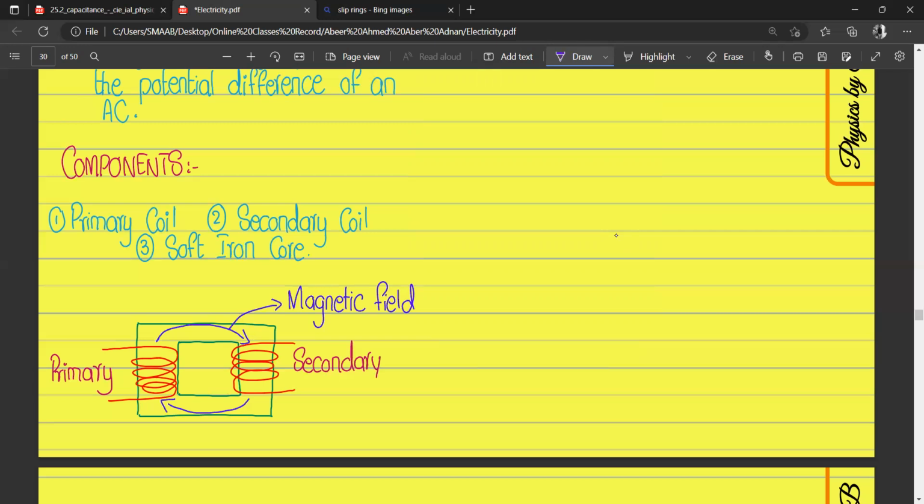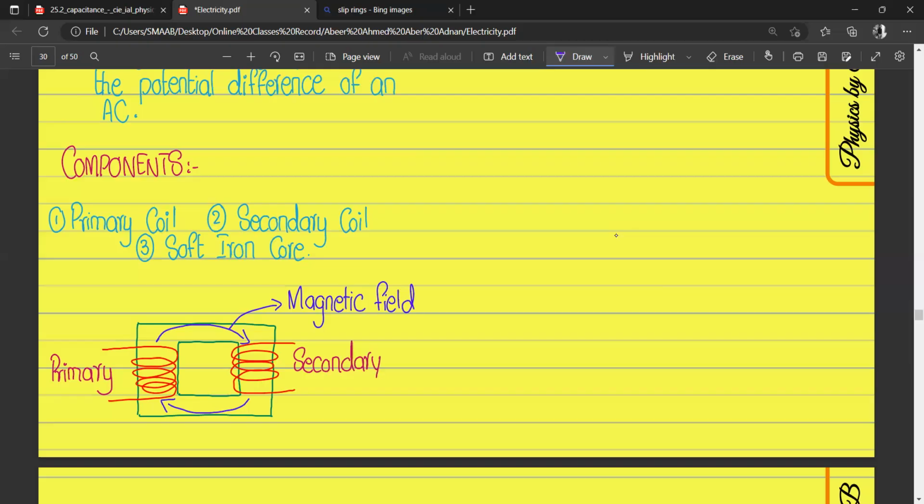The same concept we discussed at the start of the chapter, that there will be an induced EMF due to change of magnetic field, right? So that's why we use two wires of different combinations, and the number of turns depends on the value of potential difference in the circuit.